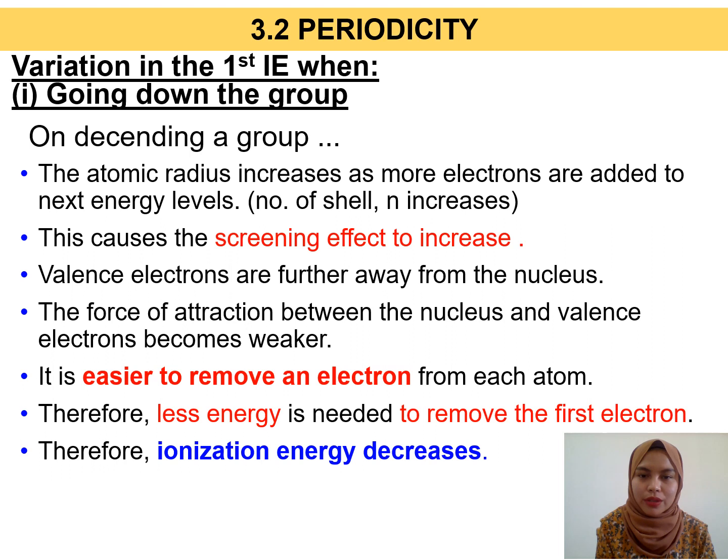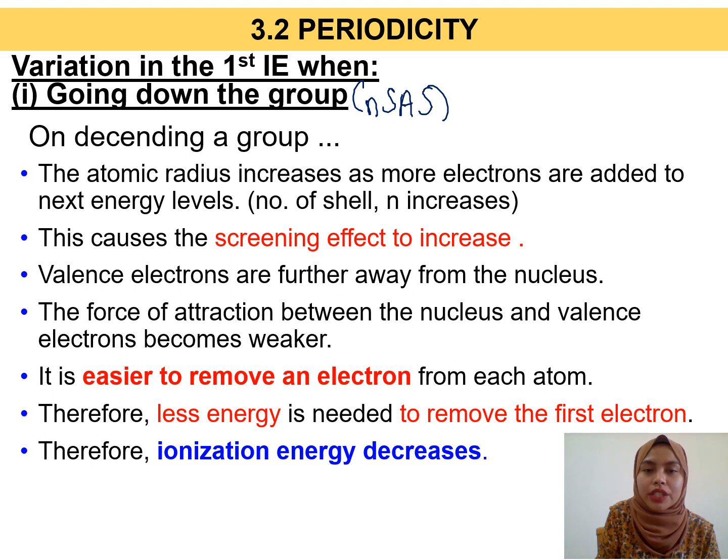Okay, when going down the group, what point did I ask you to remember earlier? Remember the point and size. But when we are talking about ionization energy, we have to focus on the main point that causes the value of your ionization energy to be big or small, which relates to point A. What is A? A is attraction, which is when the force of attraction between the nucleus and the valence electrons becomes weaker going down the group.